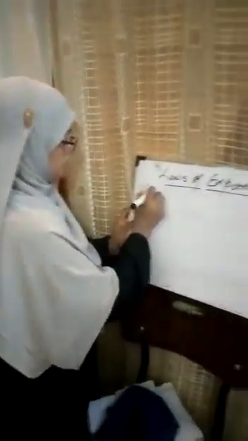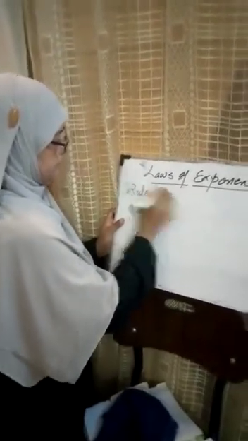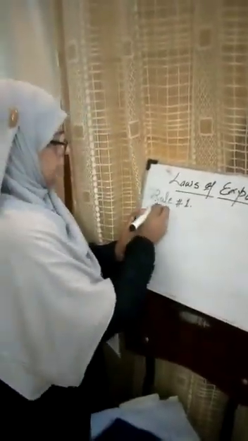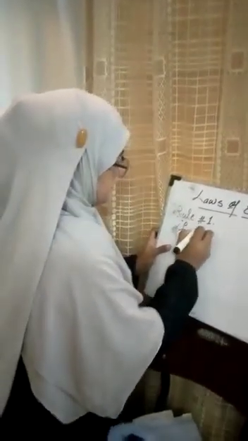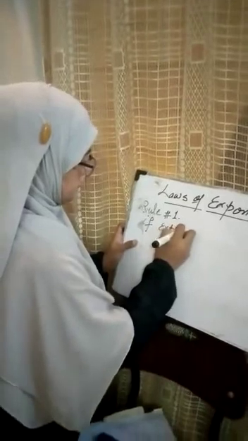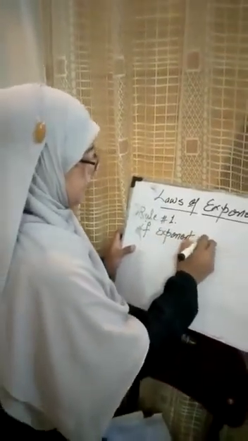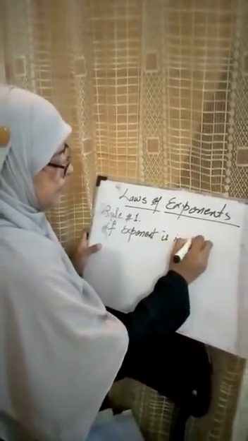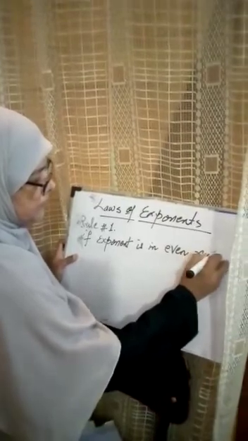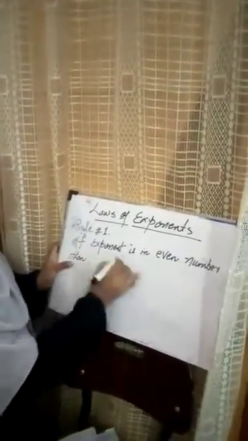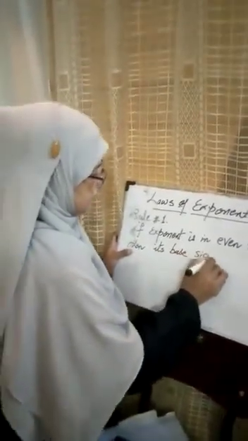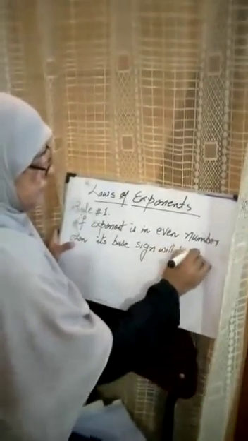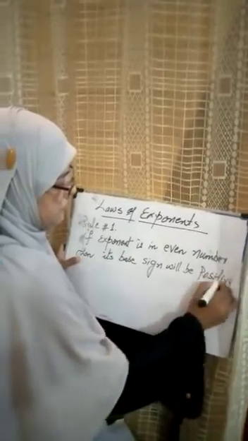Rule number 1: if the exponent is an even number, then its base sign will be positive or plus.